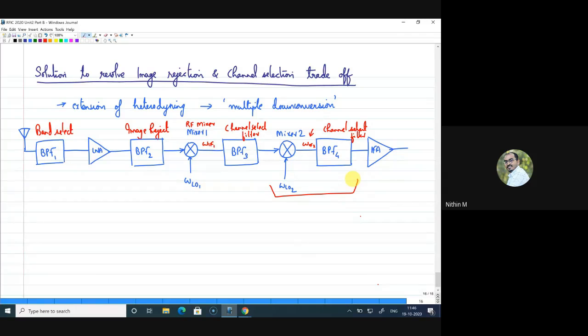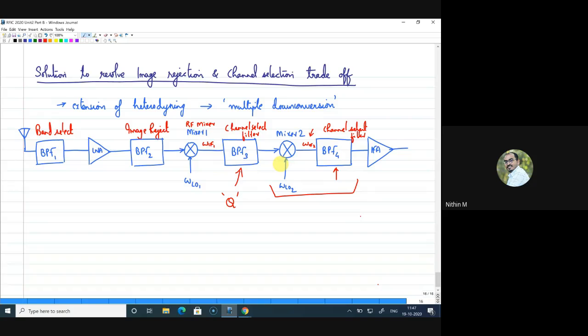So that means this technique is majorly depending on partial channel selection at progressive stages, like as we progress from left to right, we are doing partial channel selection even here as well as here, because progressively we are lowering the center frequencies, right? Thereby we are relaxing the Q requirements of both the filters, right? So the front end will select the band.